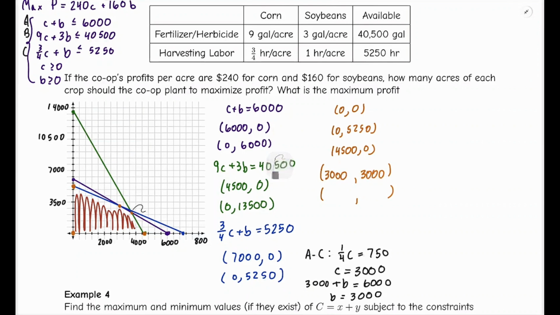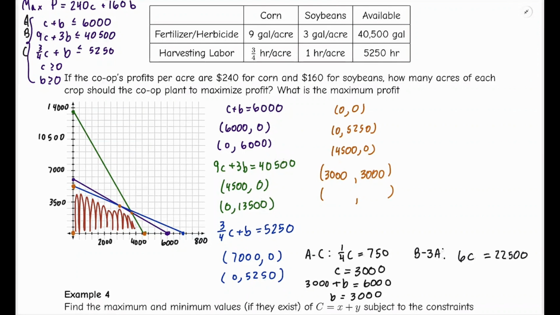Next, I need the green and purple, which is A and B. If I go B minus 3A, 9 minus 3 is 6C, 3 minus 3 is nothing, and 40,500 minus 3 times 6,000 is 22,500.